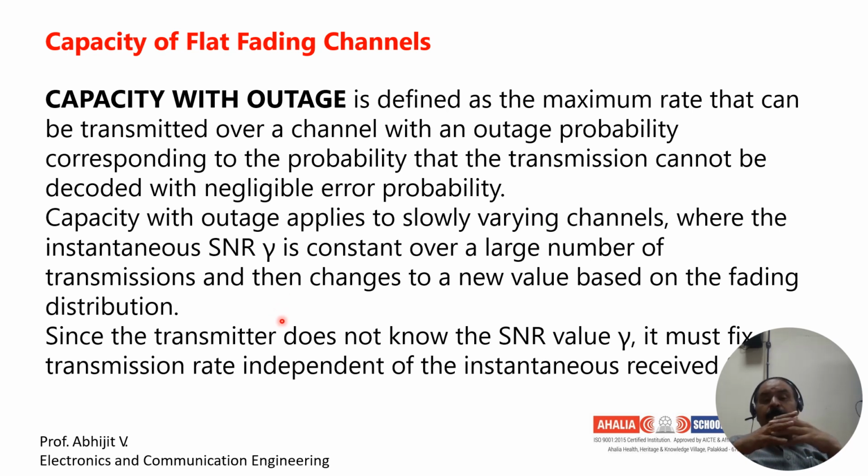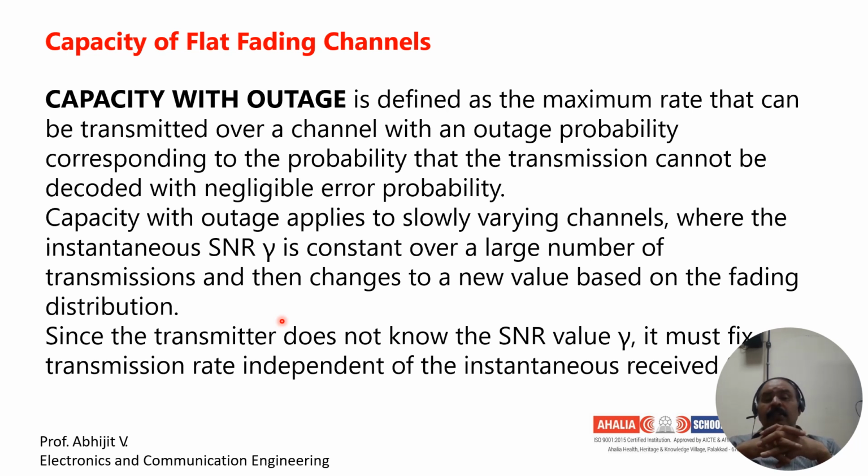Capacity with outage applies to slowly varying channels where instantaneous signal to noise ratio is constant over a large number of transmissions and then changes to a new value based on fading distribution.